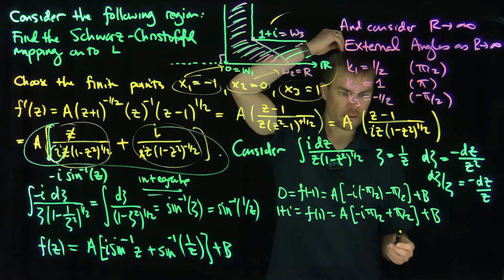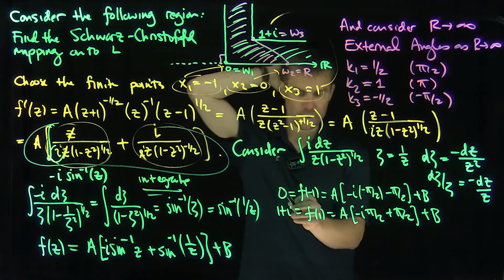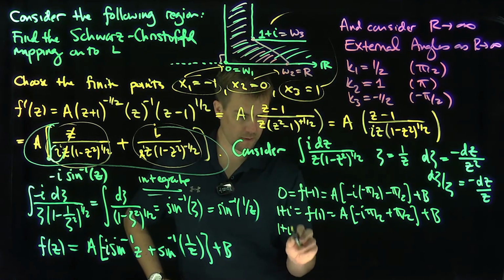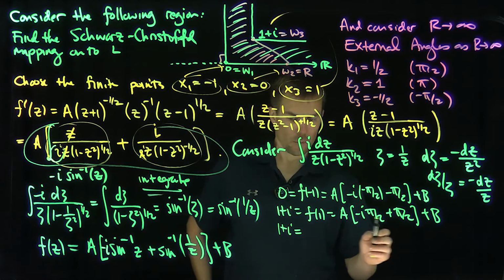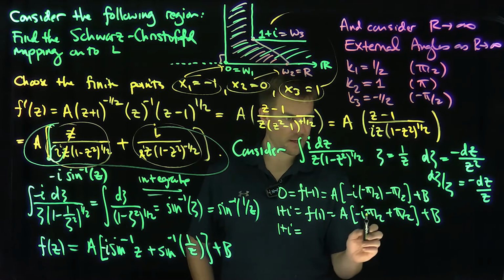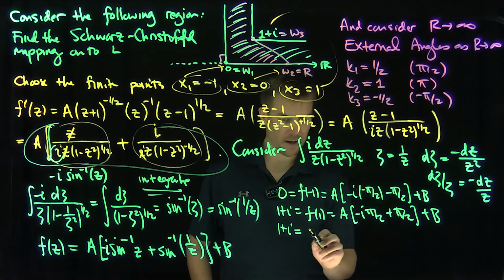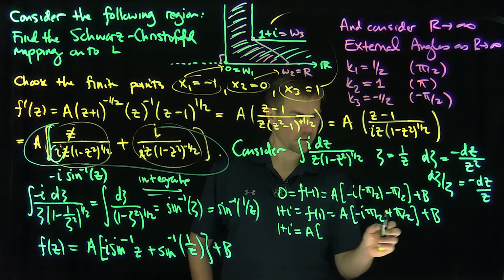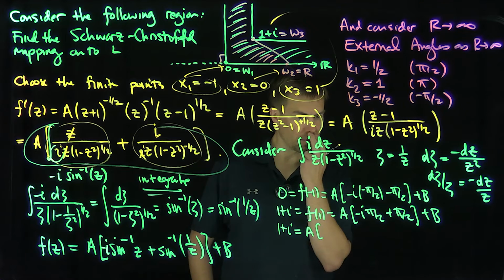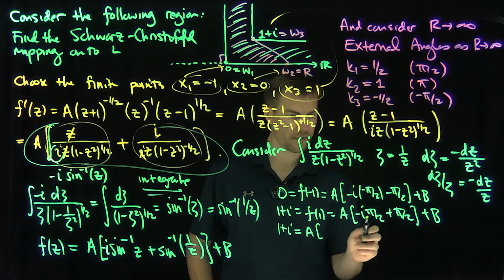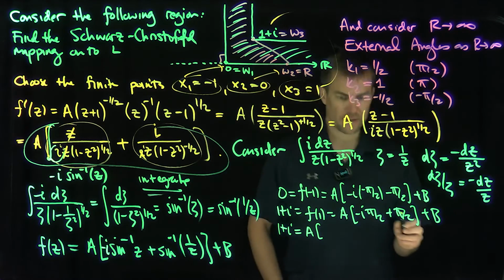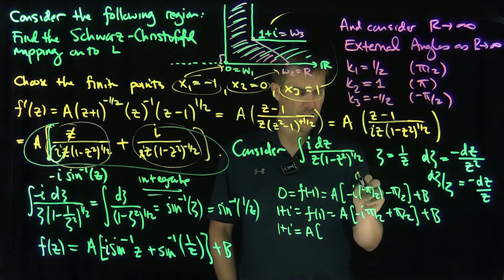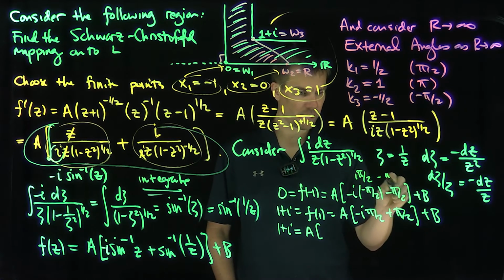Let me subtract the first equation. If I do this minus this, I'm going to have 1 plus i is equal to what? 1 plus i. If I subtract this from this, the b goes away. I have an a, and then these terms have a total factor of, this is really the same thing as i pi over 2 minus pi over 2.